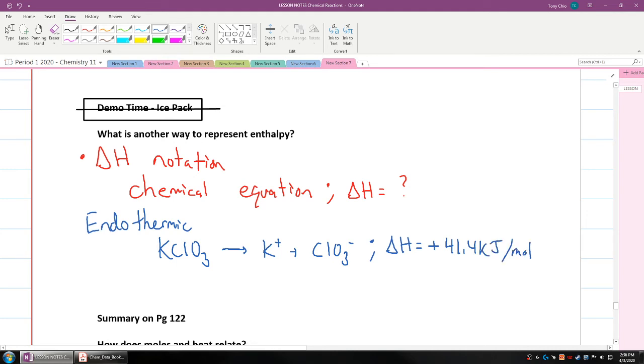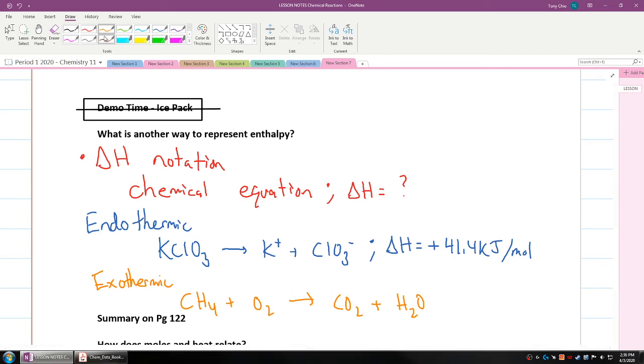And if it's exothermic, then it's going to be the opposite, where, for example, you have CH4 plus O2 gives you CO2 plus H2O. That's the example we did earlier.